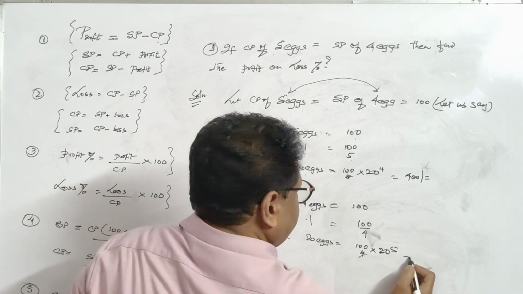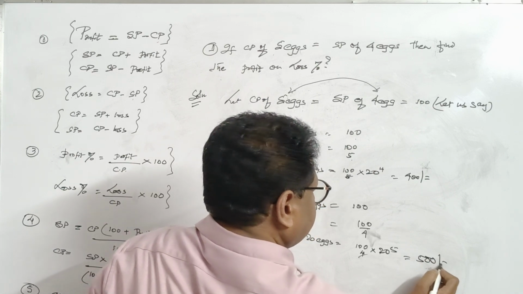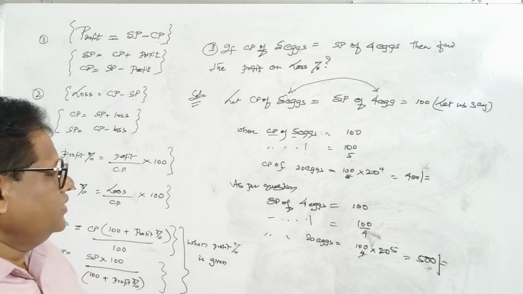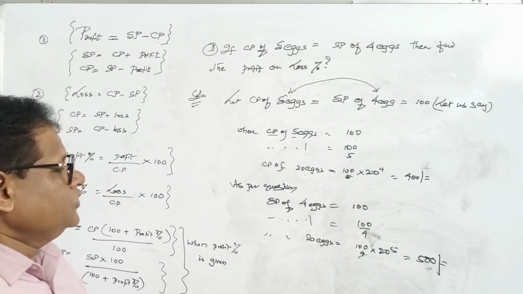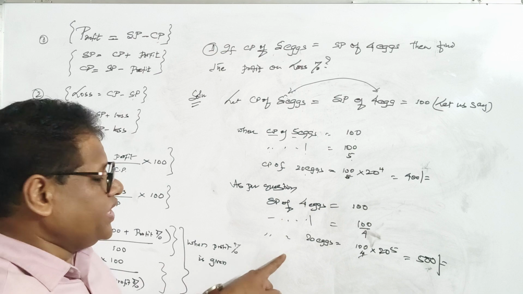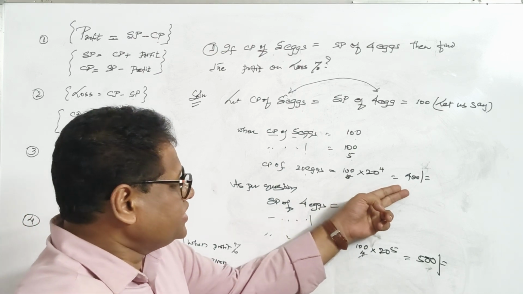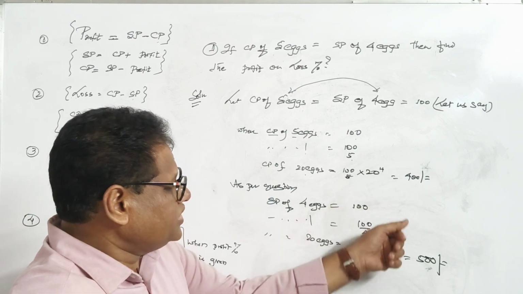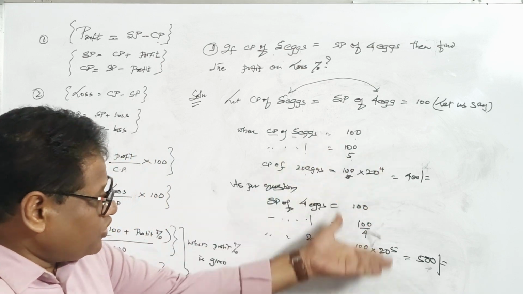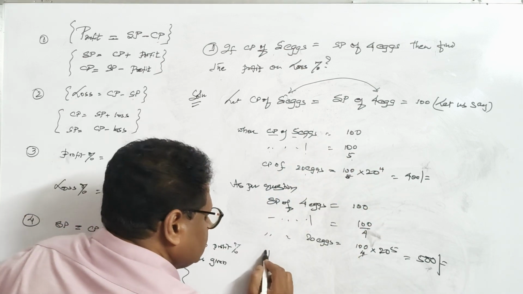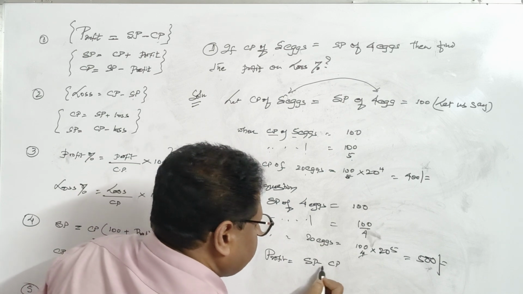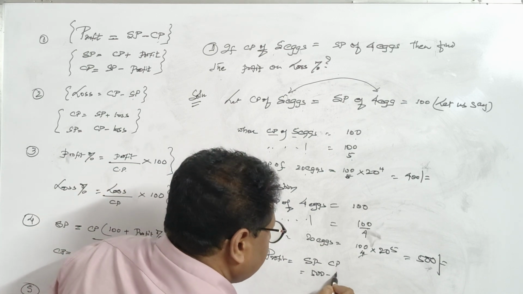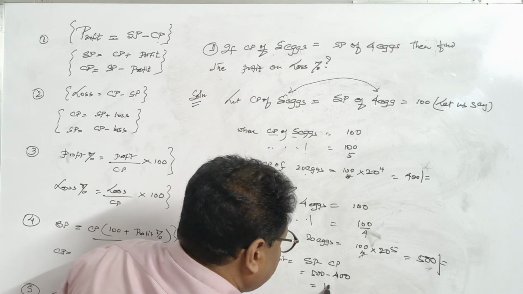So it comes to 500. One thing is very clear: there is no problem of fractions coming along the way. It is very easy, the same quantity, and the comparison is very easy. This is the cost price, this is the selling price. So there is a profit of 100 rupees. You write profit, that is selling price minus cost price, 500 minus 400, that is 100.